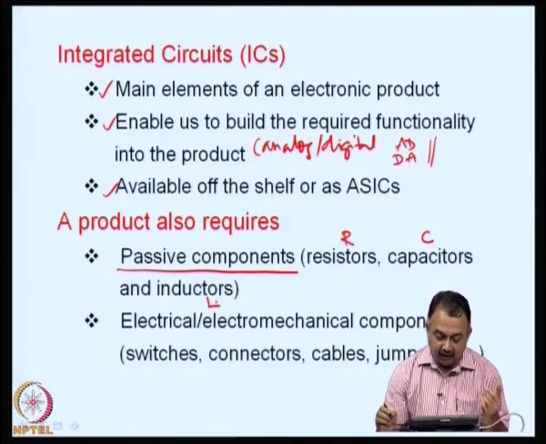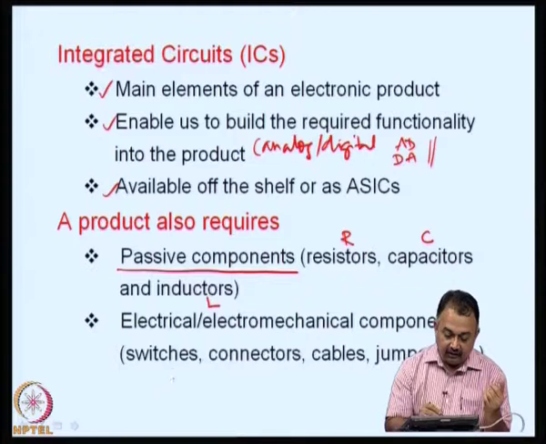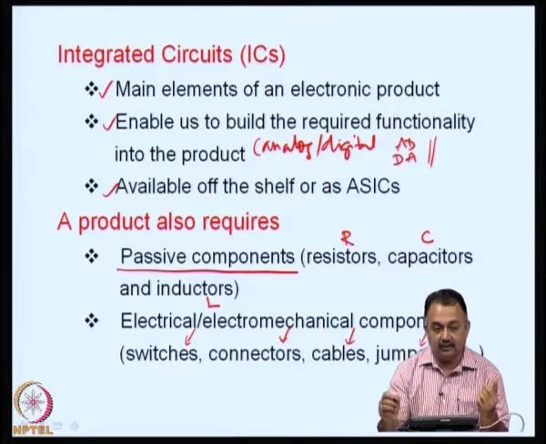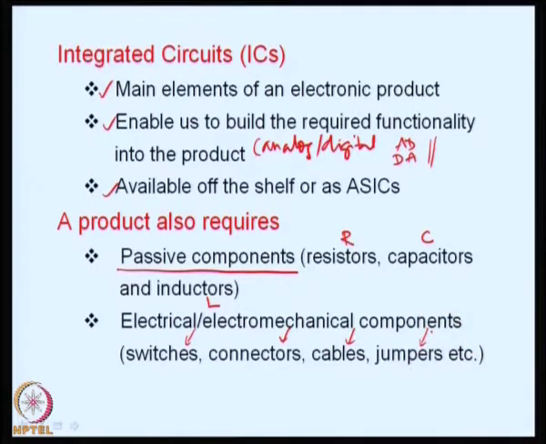Electrical and electromechanical components are also required, for example, switches, connectors, cables, jumper wires and so on, right. So, if you look at any electronic product, your cell phone for example, they have switches, membrane switches, and they have connectors which connect the board to the display, for example, LCD.